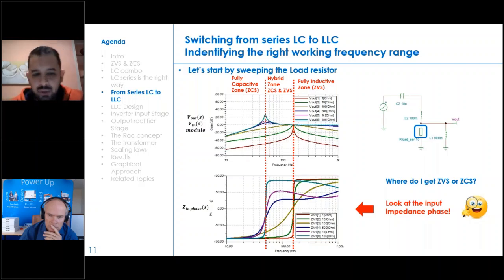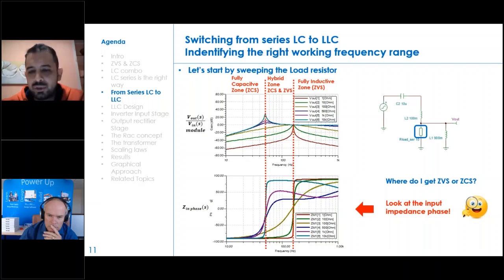The best zone to get zero voltage switching is identified as the central frequency range, this one, being sure the input impedance phase is always greater than zero. Note, I need to open a little digression on this point. This doesn't mean that you cannot go beyond the higher resonance.